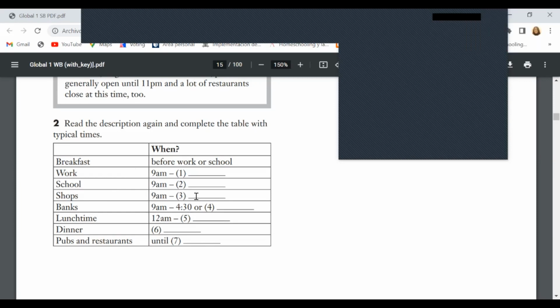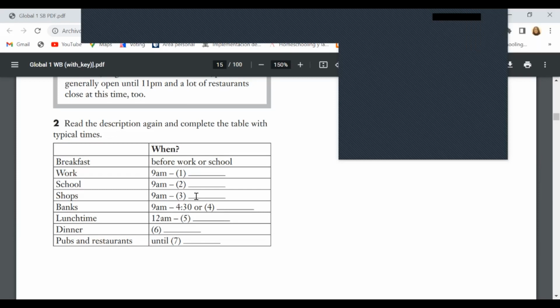At 11, yes. The malls, yes. The malls open at 11. Good. So the shops in the UK are open from 9 a.m. until 5:30, approximately. What about the banks? From 9 in the morning, that is the same as in Peru, until 4:30, or?